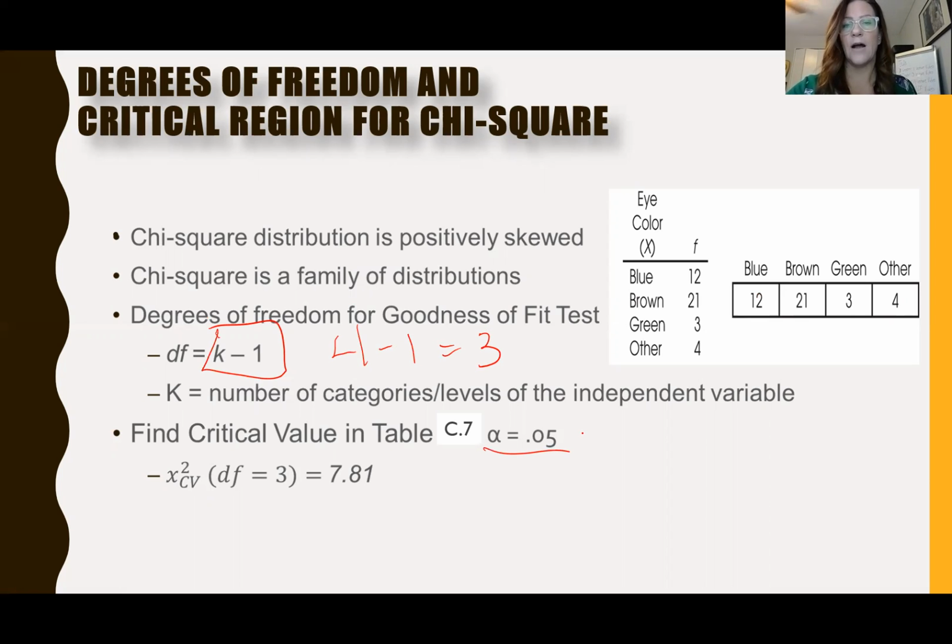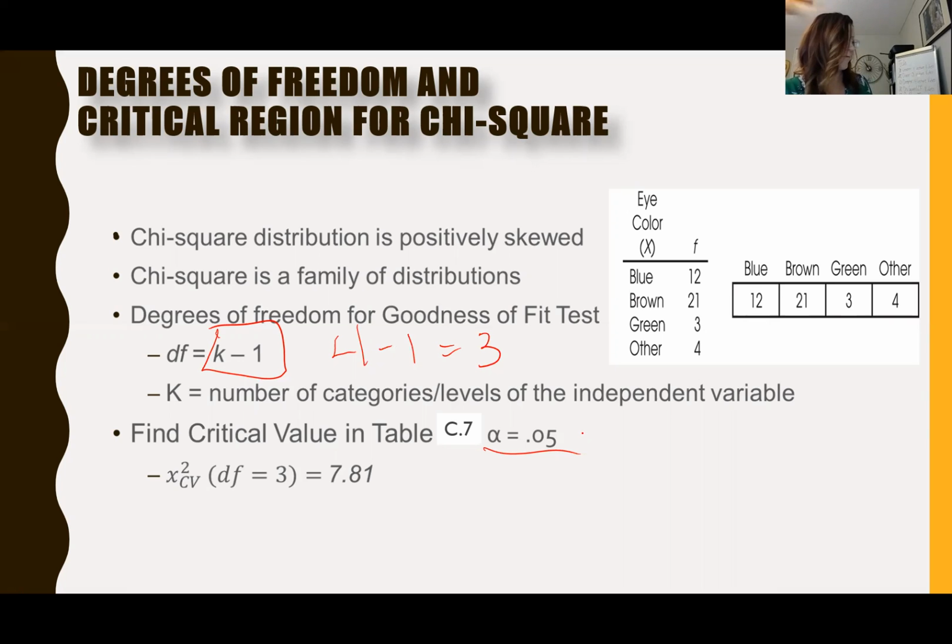And if we're using alpha 0.05, we're going to look at the back of our textbook, the very last table at the very back of the appendix. You're going to just look up the degrees of freedom of 3, and then look at 0.05. It's very, very simplistic.